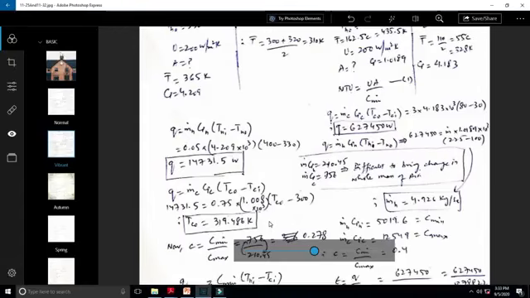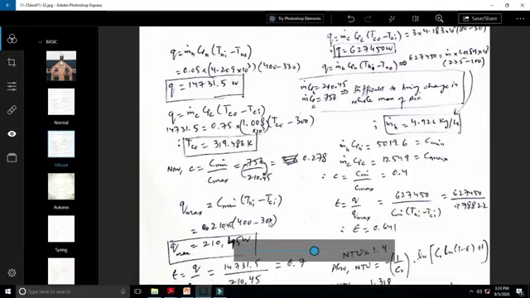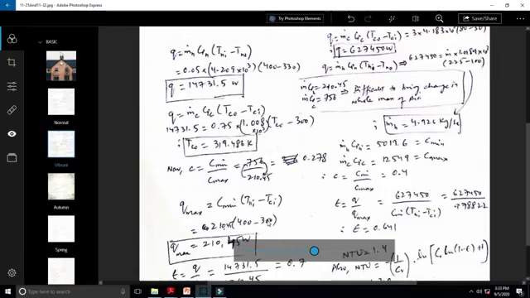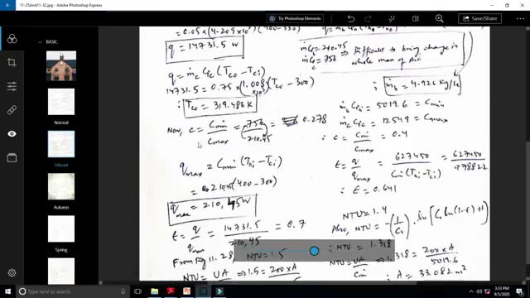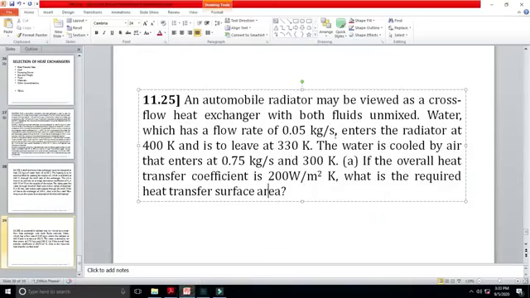Now we know all the four temperatures. If we decide to use the epsilon-NTU method, this is how we will proceed. Let's look at the type of the heat exchanger.